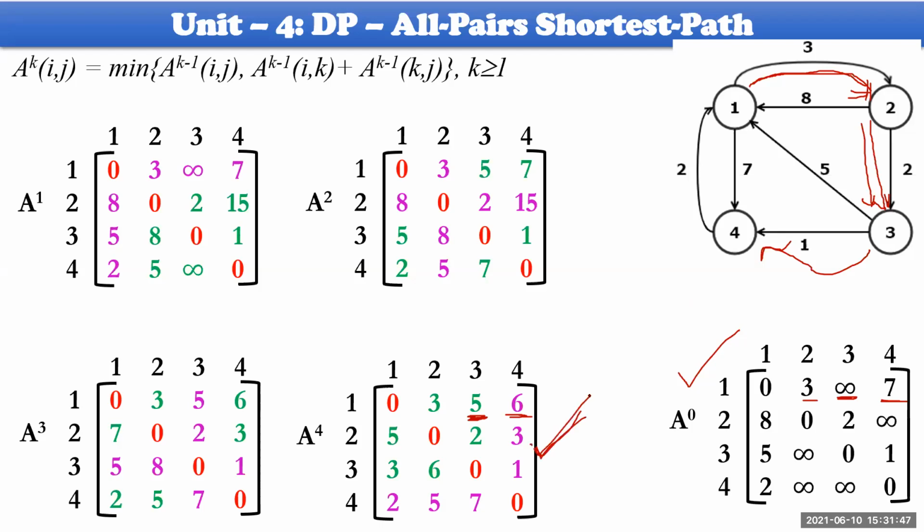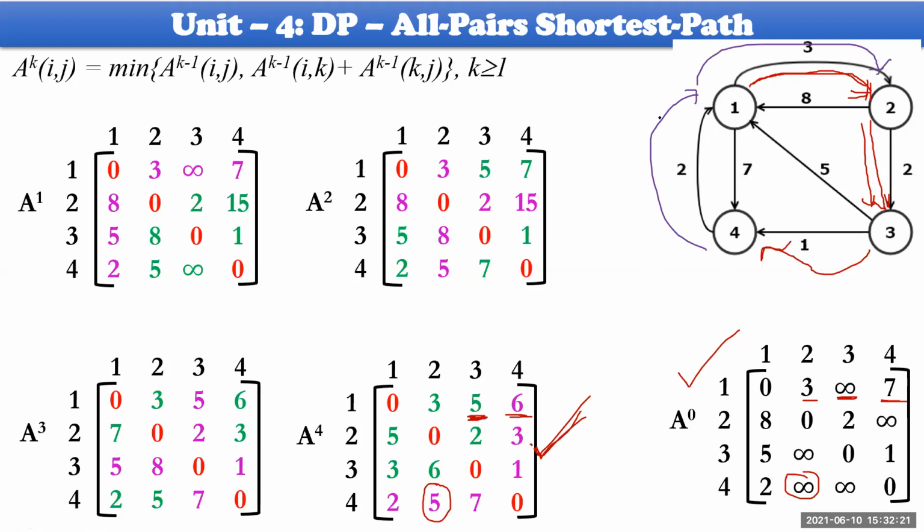All pairs shortest paths. You can observe this one here. You can observe this one also. 4 comma 2. What is 4 comma 2? There is no direct edge from 4 to 2. How could you traverse? So here 4 comma 2 will be this 7. 4 comma 2 means the starting vertex is 4, and the ending index is 2. So first you have to move 4 to 1, in this direction. After this, you have to move to 2.